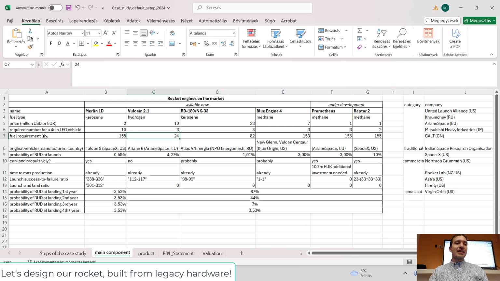Also, we can see the fuel requirement. In amount of tonnage, that's why I mentioned that it's energy dense. We have to put in only this super chilled 24 tons. So you can see that it's less. In terms of cargo to fuel mass, this one is really efficient, because in other rockets most of the tonnage is not cargo, it's fuel.